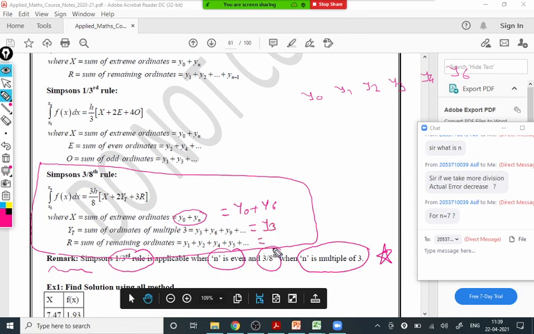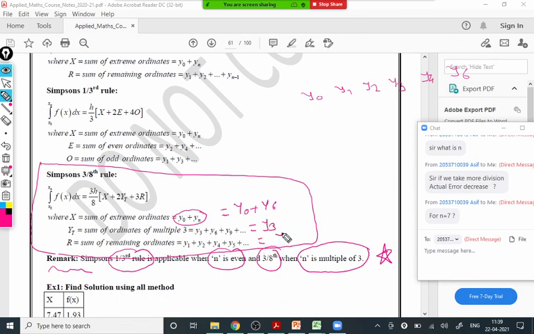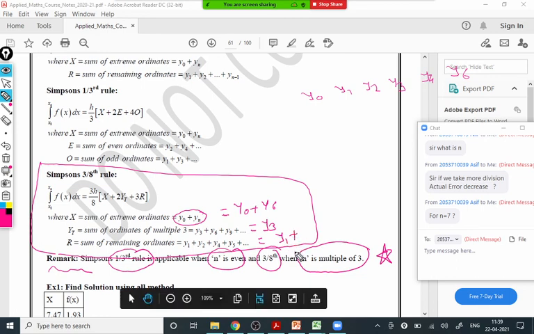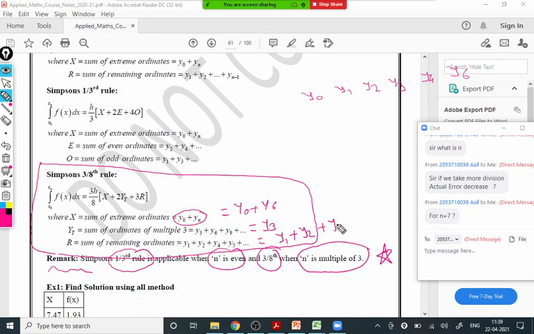And what about the remaining? y1, y2, plus y4, and there is one more I missed, y5. So y1, y2, y4, y5 are the sum of the remaining ordinates. This is how we use the 3/8 rule.